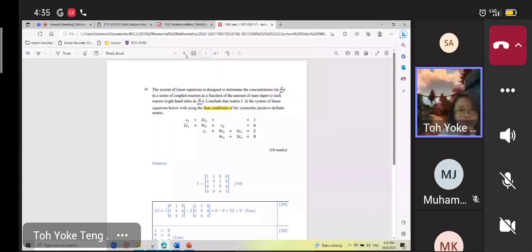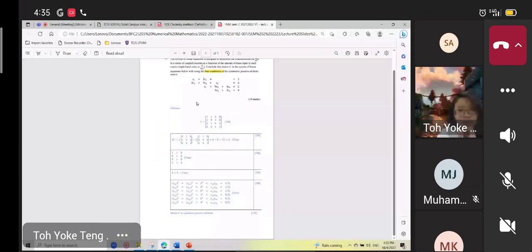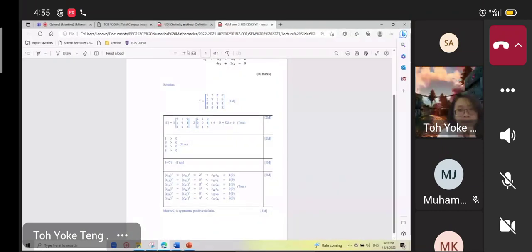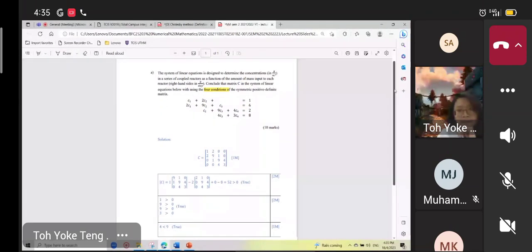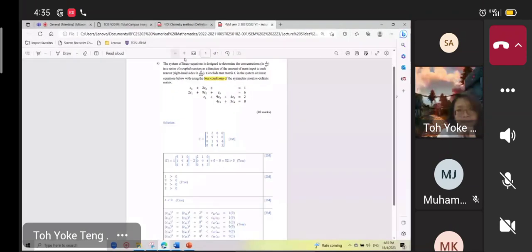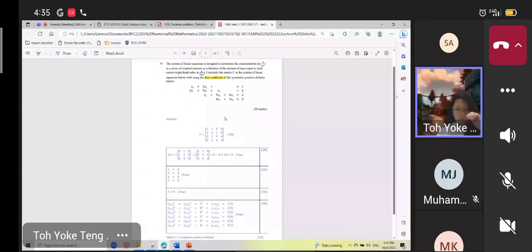Meanwhile, maybe you can take the photo, or is it too small? Okay, so maybe you can take a photo and try to do it on your own, just a simple thing.